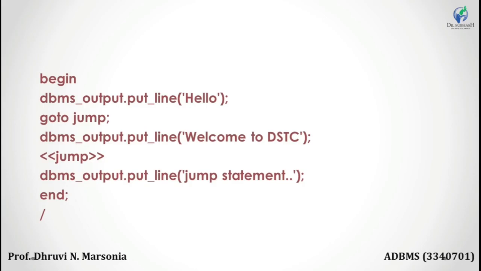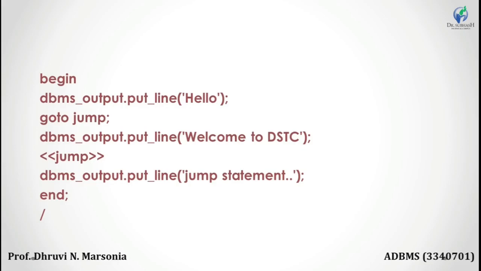So this is a very simple code. See one by one, starting with dbms underscore output dot put underscore line, this line is executed. So I got the output hello. After that the next line is go to jump.